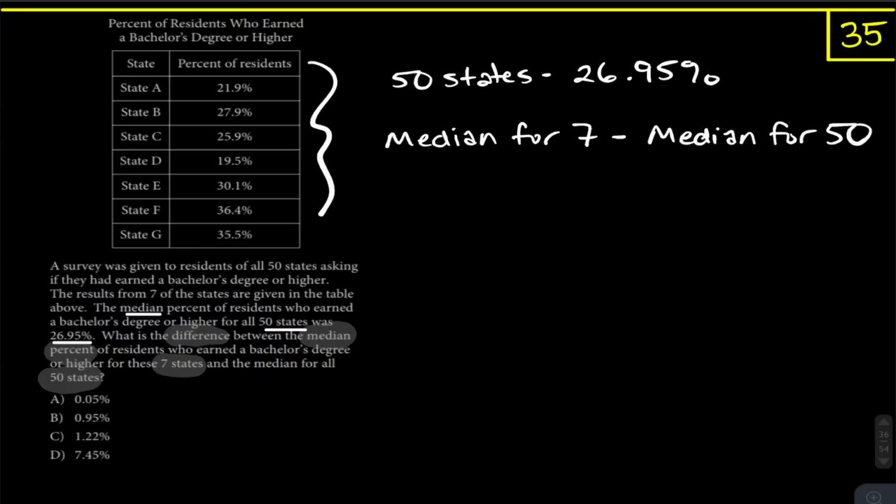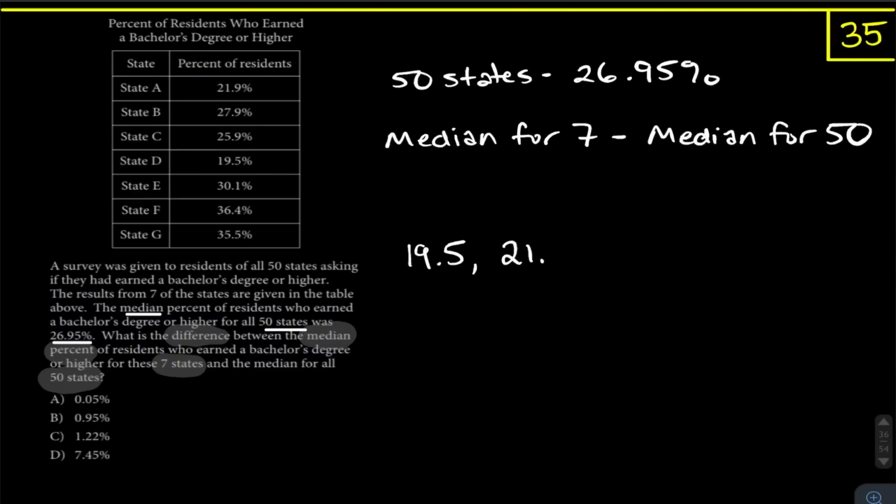So the longer way to do this would be to actually write out a list. To find the median, we know that's the middle number, but it's the middle number when this is in order, from least to greatest. So we could write 19.5 is the smallest here.